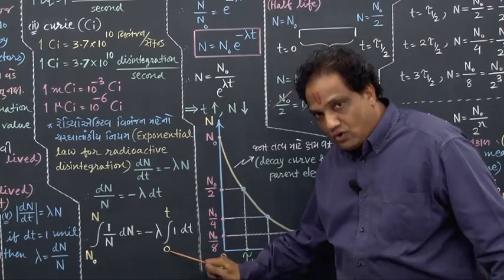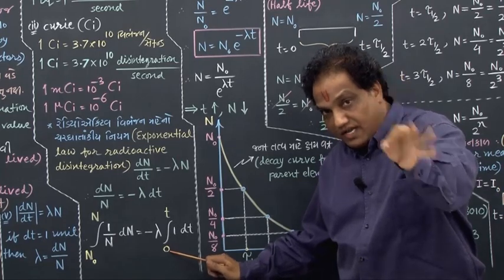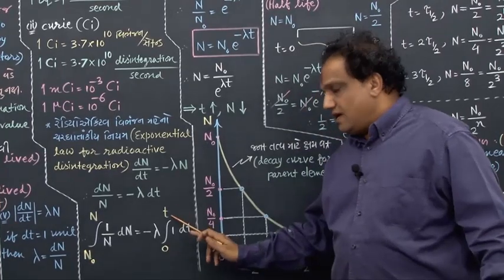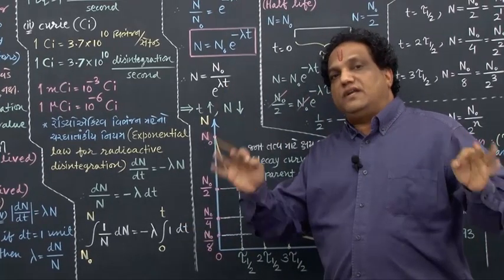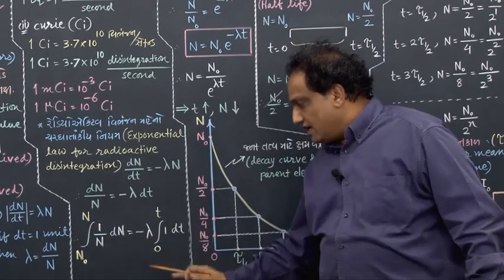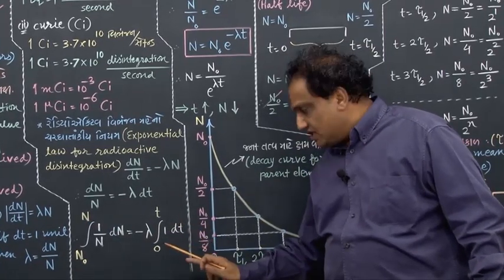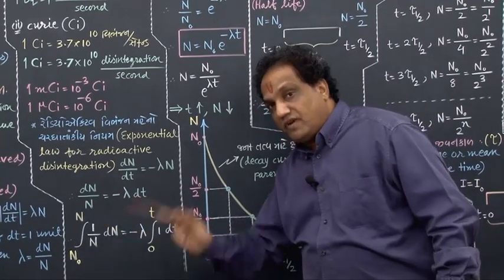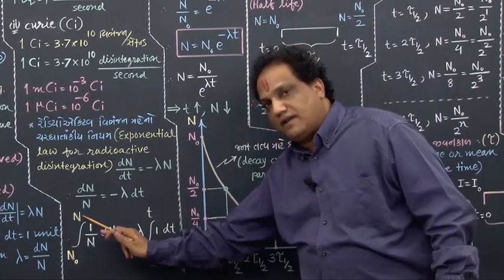At time t equals 0, the number of undisintegrated atoms is N0, and at time t, it is N. So integrate this function between the limits 0 to t, and here between the limits N0 and N.